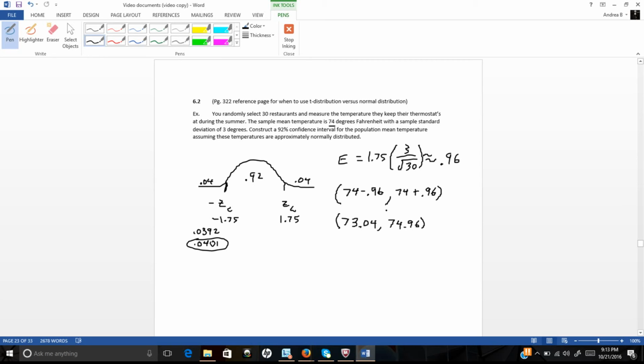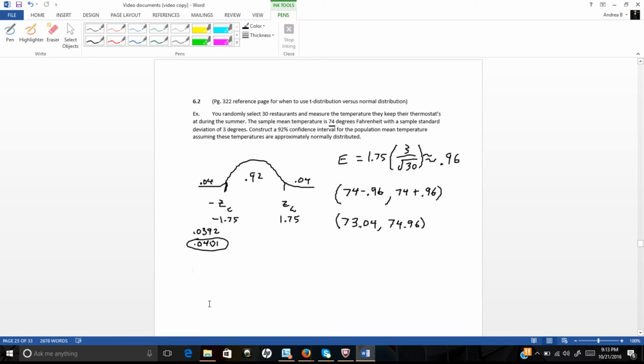So what that means here is that we are 92% confident that our population mean would be in that interval. Let me try and write that out here.